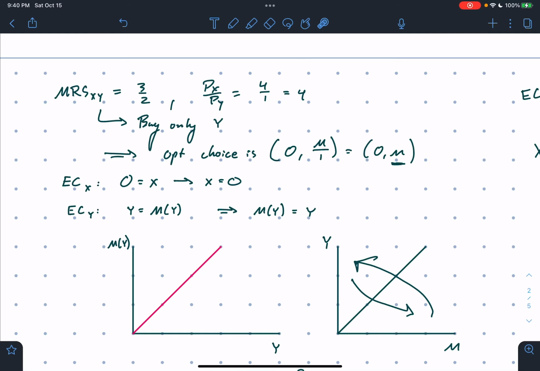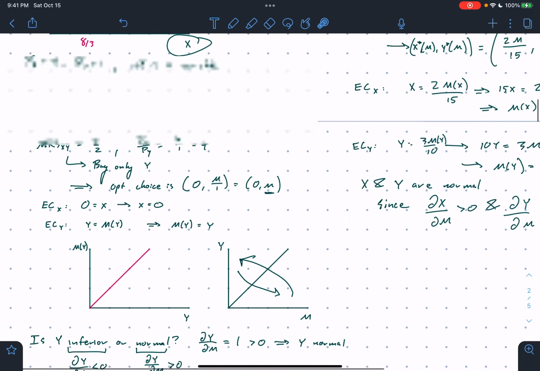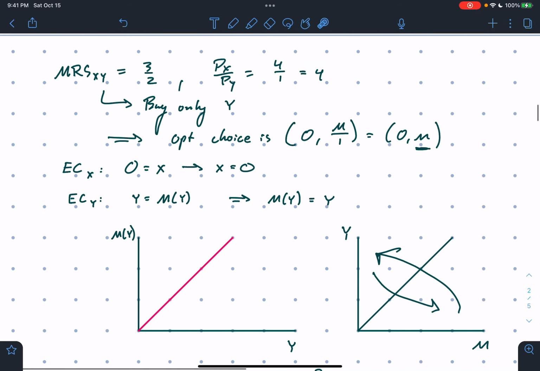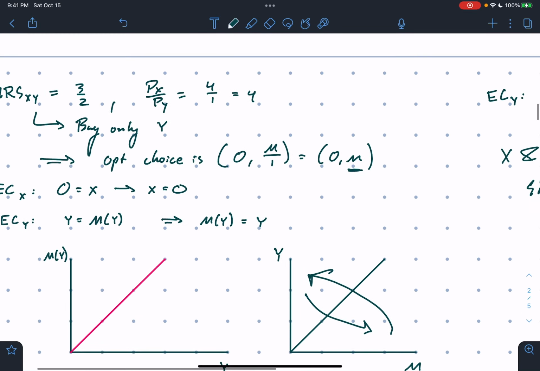So the Engel curve for x, we see that at any income level, given this particular set of prices, the demand for x is going to be 0. So the Engel curve, I can draw it.